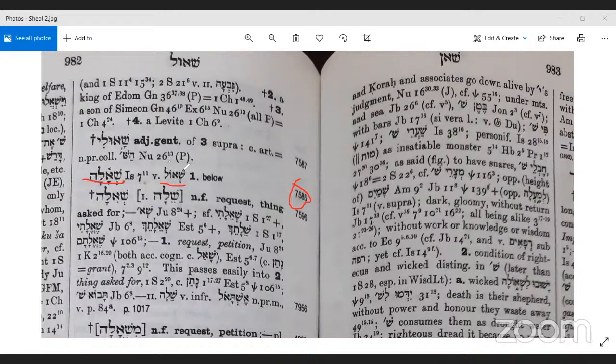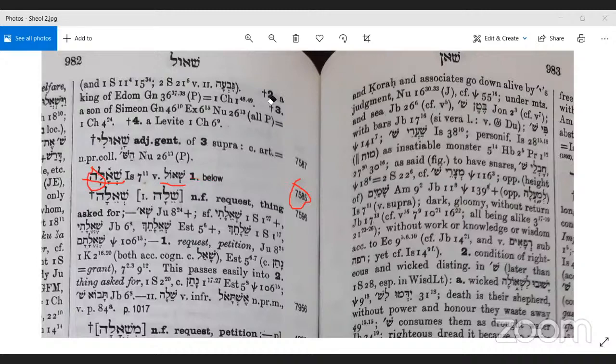Now we saw this in Strong's. This was not in Strong's, right? There was no ha. Okay. So it says one below. One meaning is below. Below as in what?